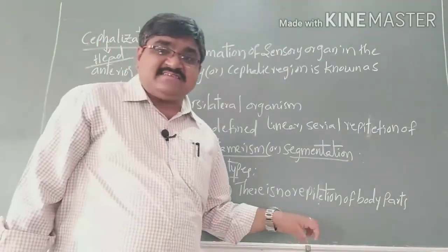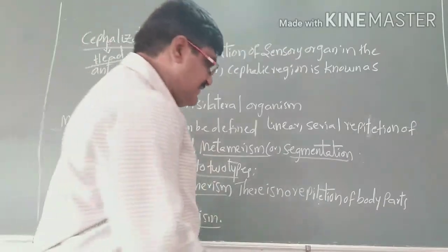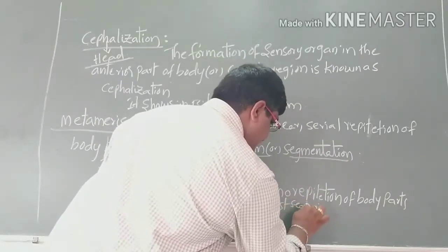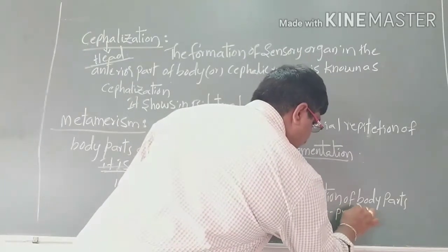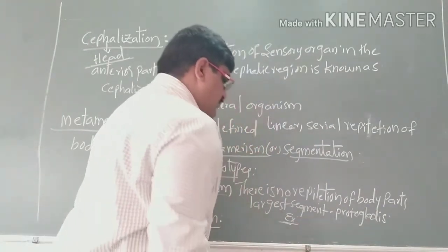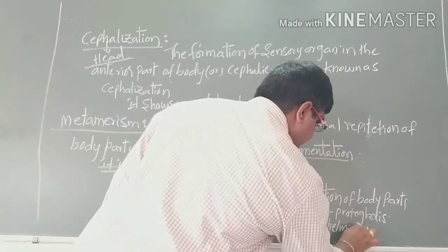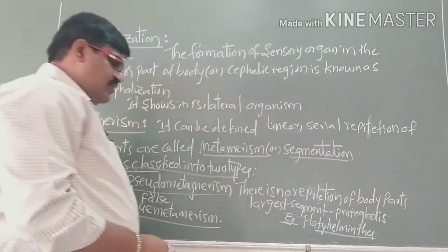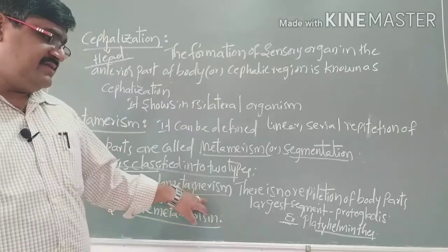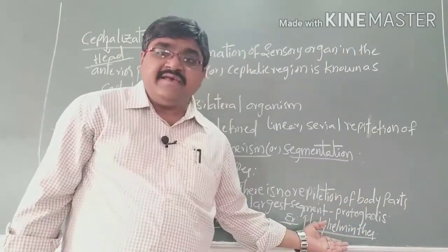Here the largest segments are in the form of proglottids, as seen in platyhelminthes. So in pseudo-metamerism there is no repetition of body parts, and the largest segments are the proglottids. An example is platyhelminthes.